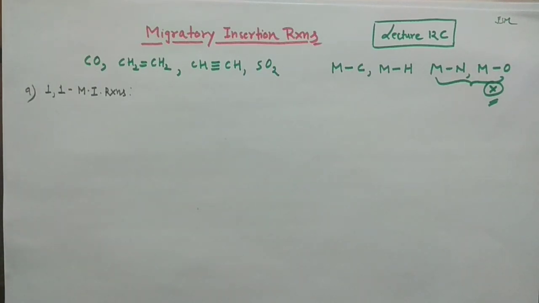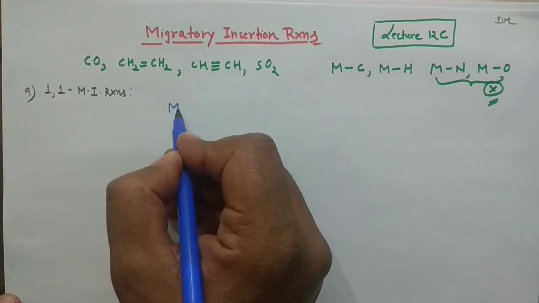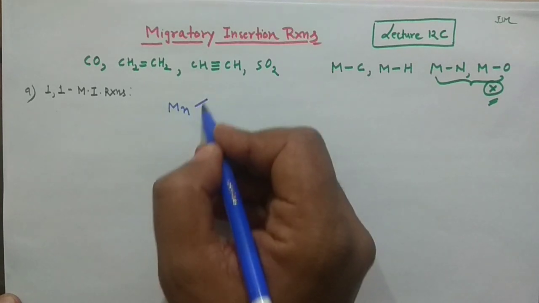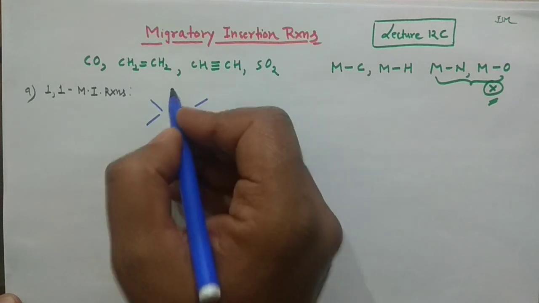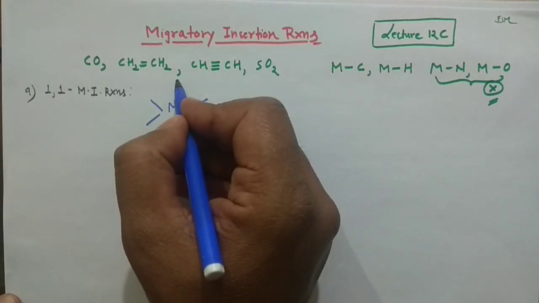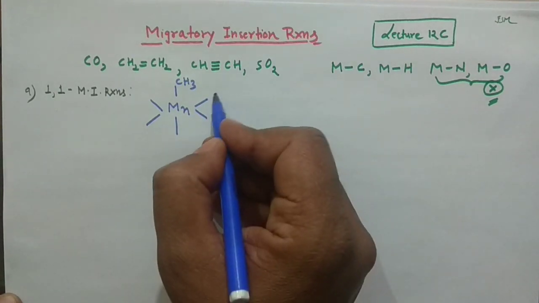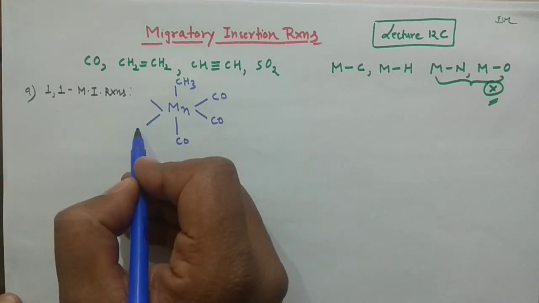So for this I will take a very simple example, and then you will know how actually these reactions proceed. Say this is my manganese, okay, and I'm doing it for an octahedral complex, and here some alkyl group CH3 is attached, okay, and various carbonyl groups are also there.